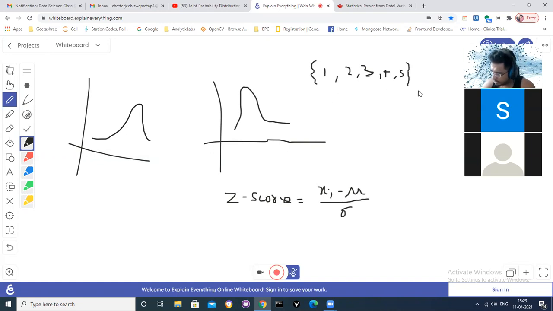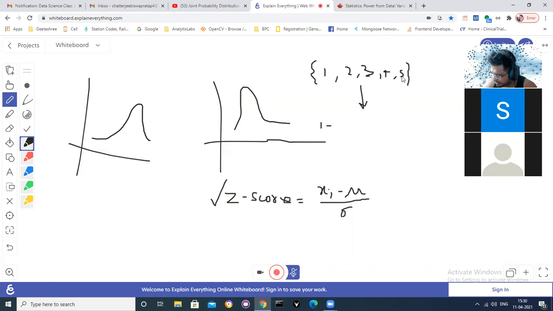In order to convert this distribution into a standard normal Gaussian distribution, I have to apply this formula on every xi. So this will be 1 minus the mean of all these 5 numbers.